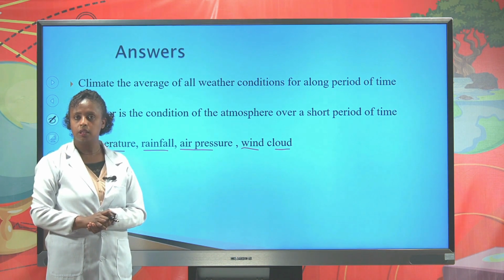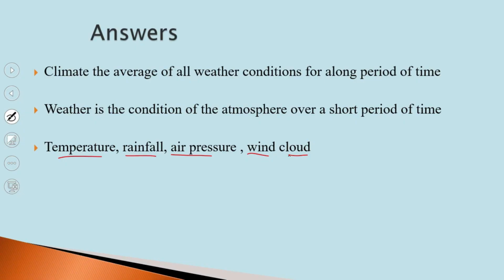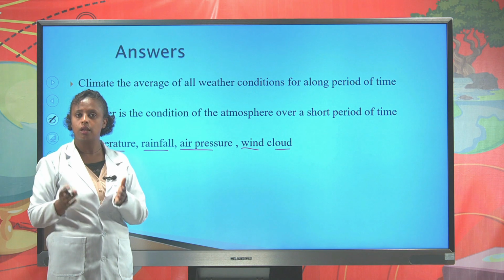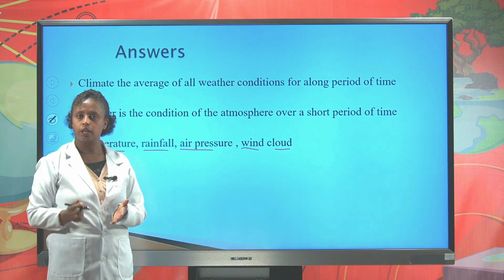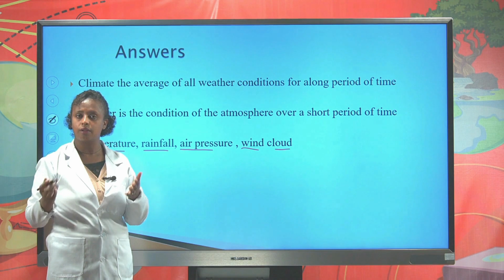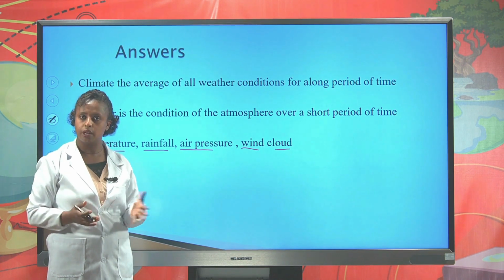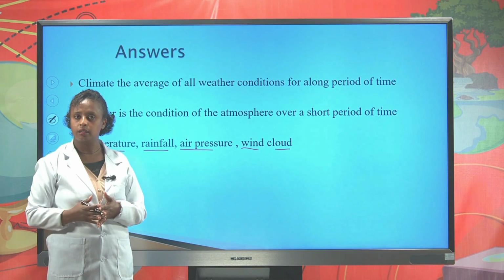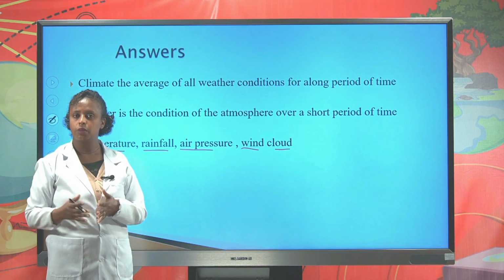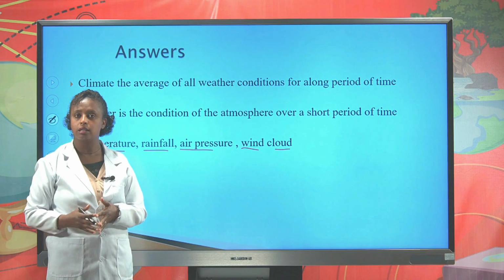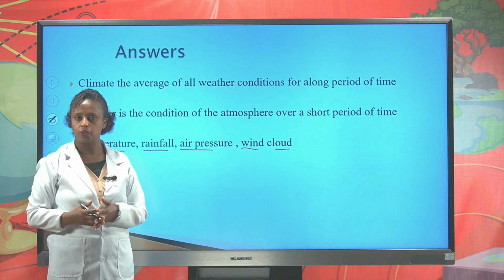We have seen the major elements of weather and climate, the difference between weather and climate, and the types of rainfall. There are three types of rainfall: cyclonic rainfall, convectional rainfall, and orographic rainfall. And we have seen some points about the atmosphere. The troposphere, stratosphere, mesosphere, and thermosphere are the four layers of the atmosphere.